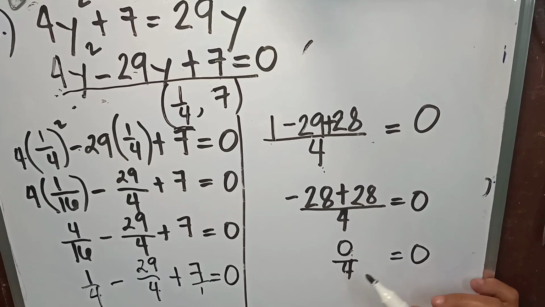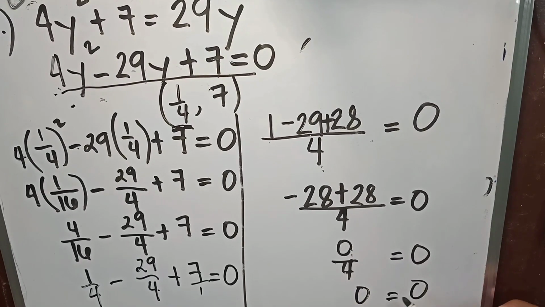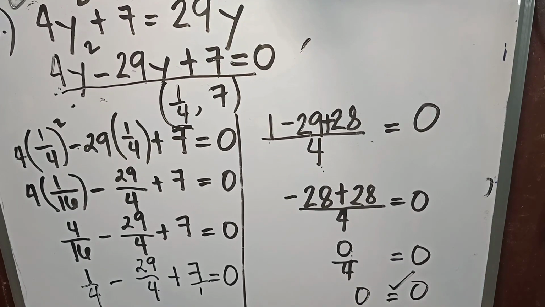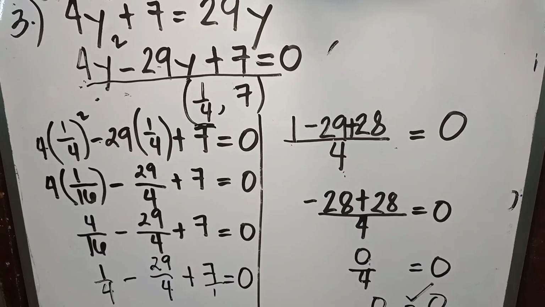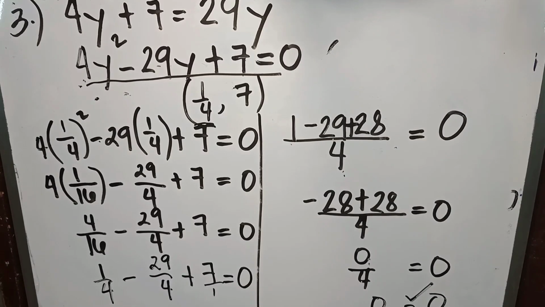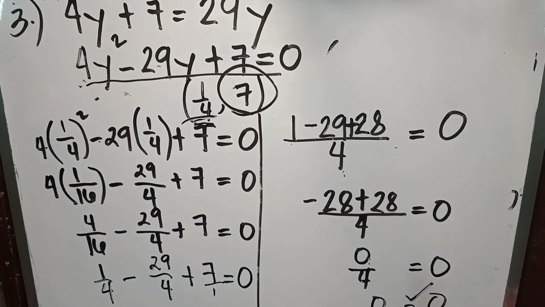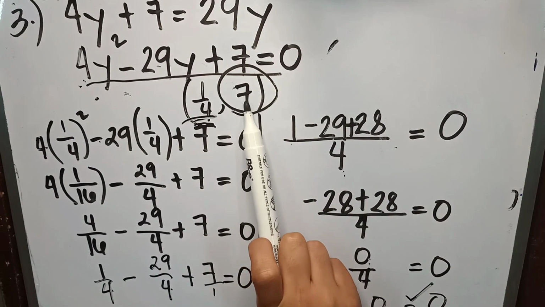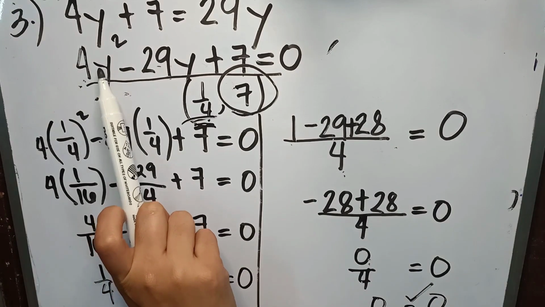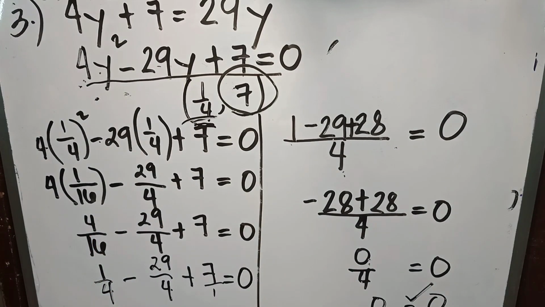Okay, since we are done checking 1/4, you yourself try to check if 7 is correct. You are going to substitute this 7 for the y values. Okay?